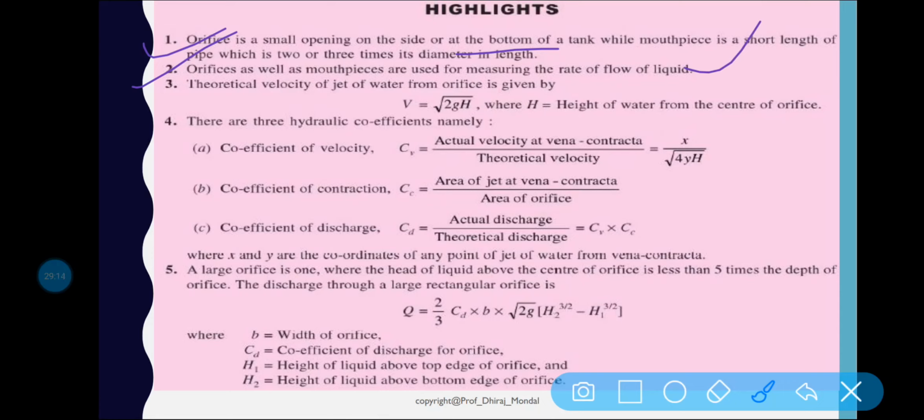Next, point number 3, the theoretical velocity of jet of water from an orifice is given by V is equal to root over 2gH, where H is equal to the height of the water from the center of the orifice.